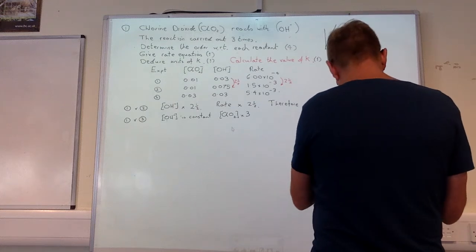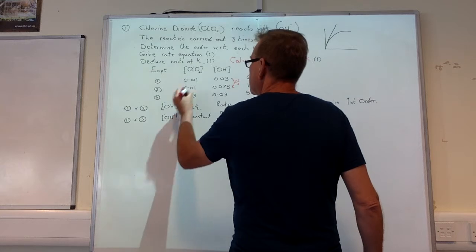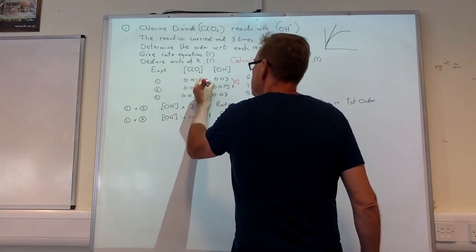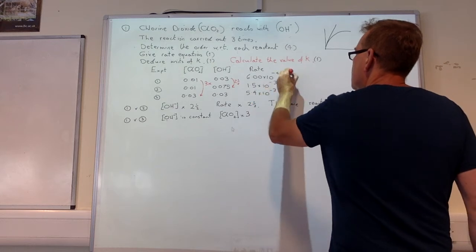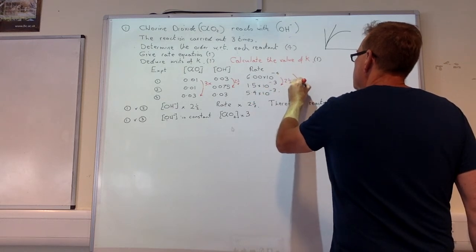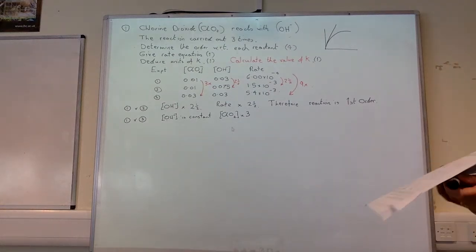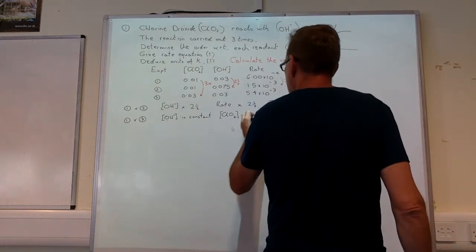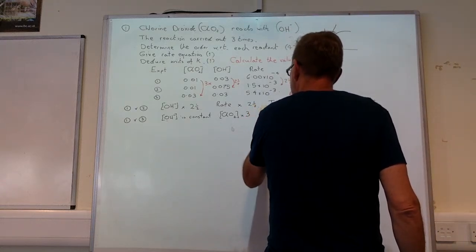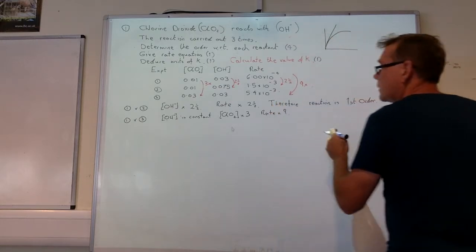Basically, three times that to that, 9 times, which is good. That's a squared relationship. That means second order. Okay, so rate has gone up 9 times now.